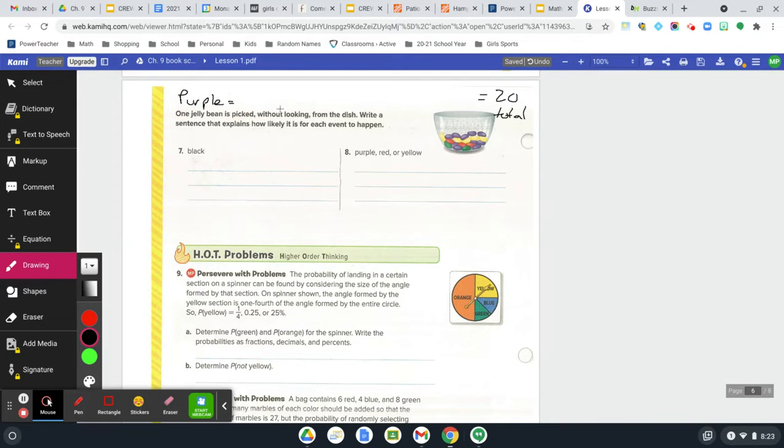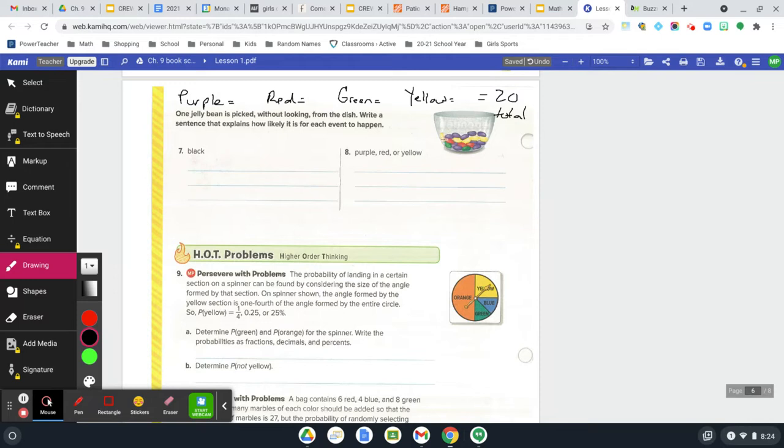And write that down. Count how many are red. Count how many are green. And how many are yellow.